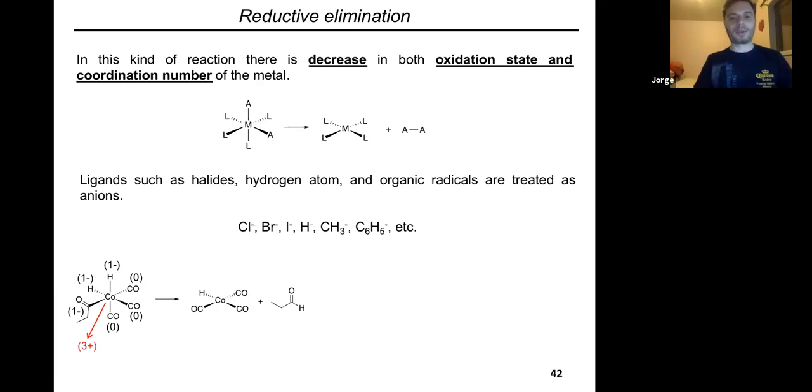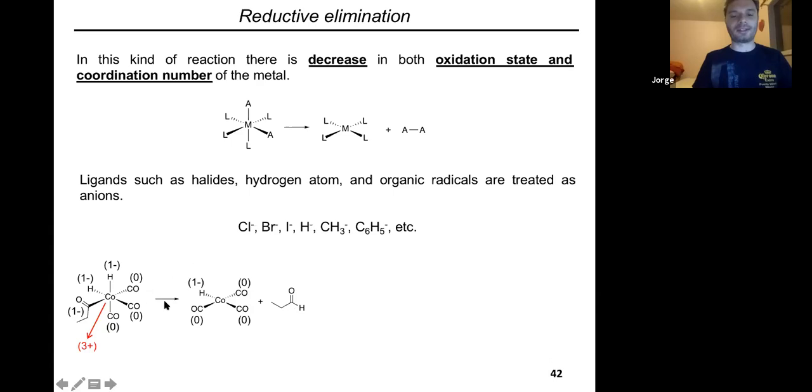Okay. Now let's do the same thing for the complex that was generated after the reaction. Again, carbonyl ligands are neutral, and hydrogen, when it's bonded, is 1-.